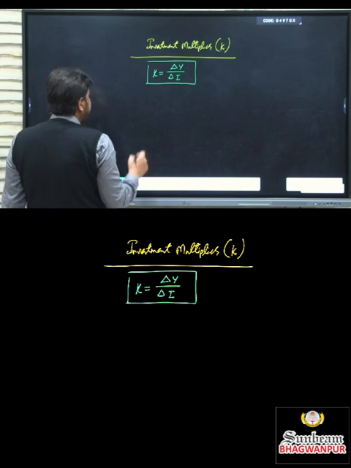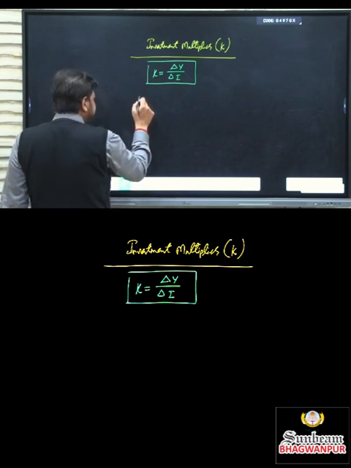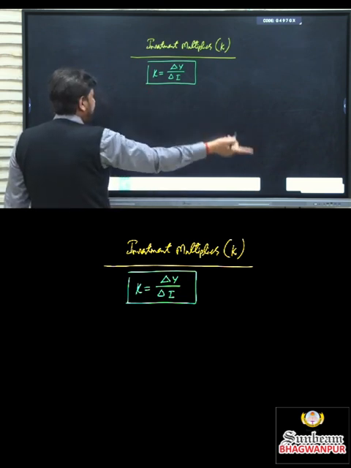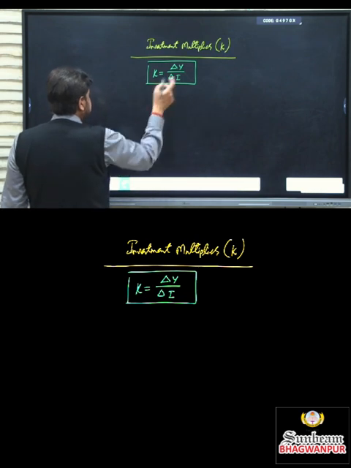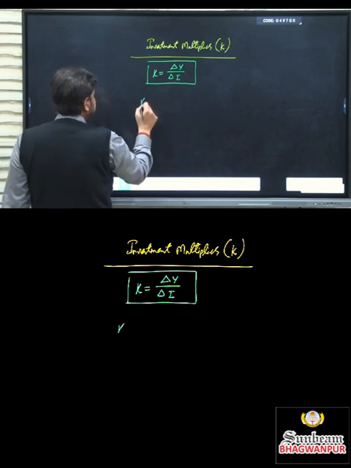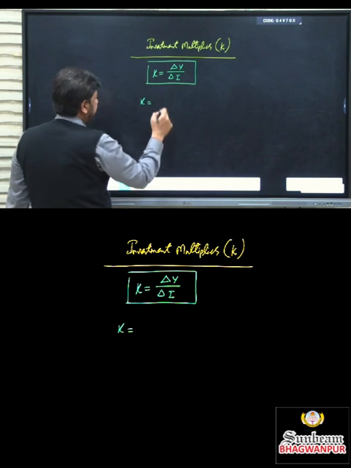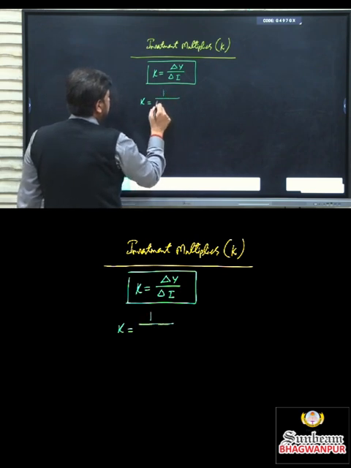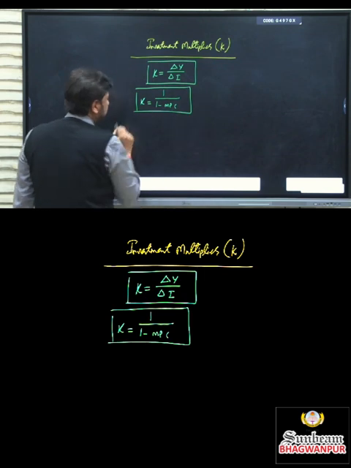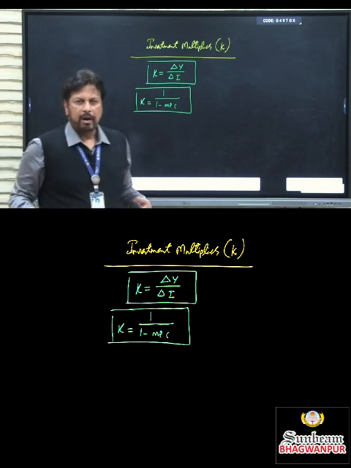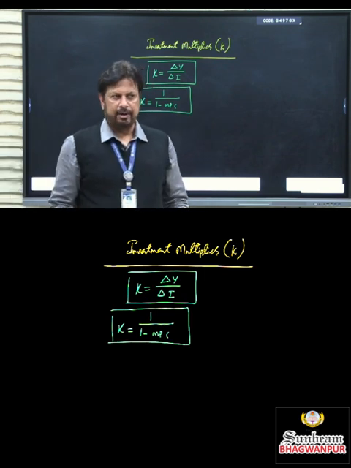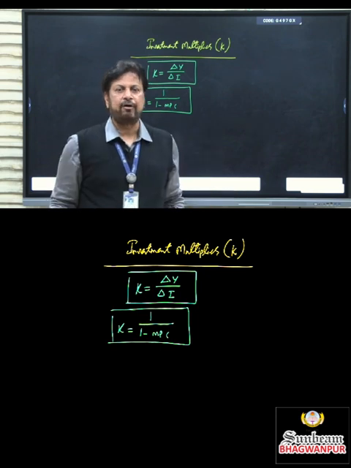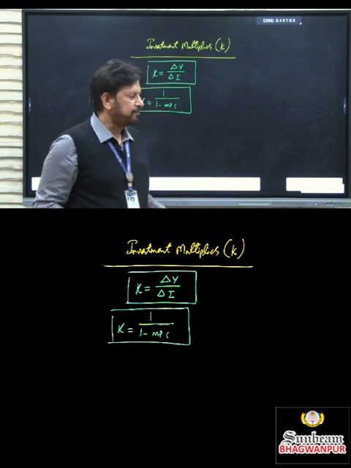Investment multiplier is directly related to MPC. It means that K is equal to 1 upon 1 minus MPC. If there is a high propensity to consume, investment will be more effective in the economy, and vice versa.